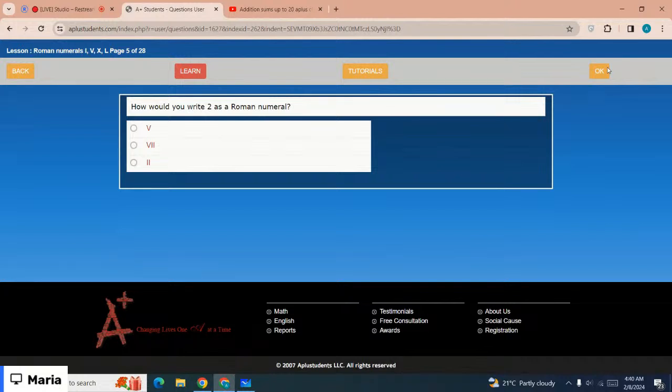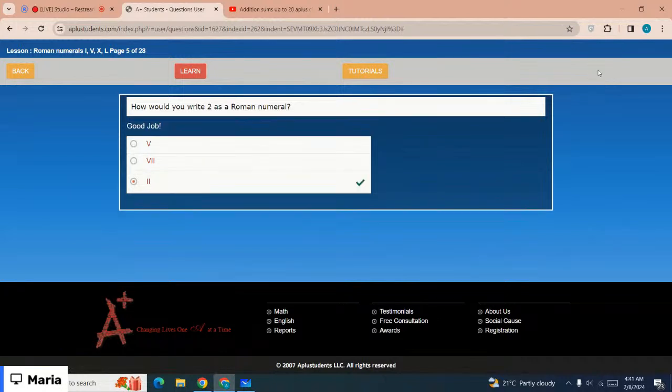How would you write 2 as a Roman numeral? So which is the correct option? Yes, you can write 2 in Roman like this. Got it? Option number 3 is the correct option.